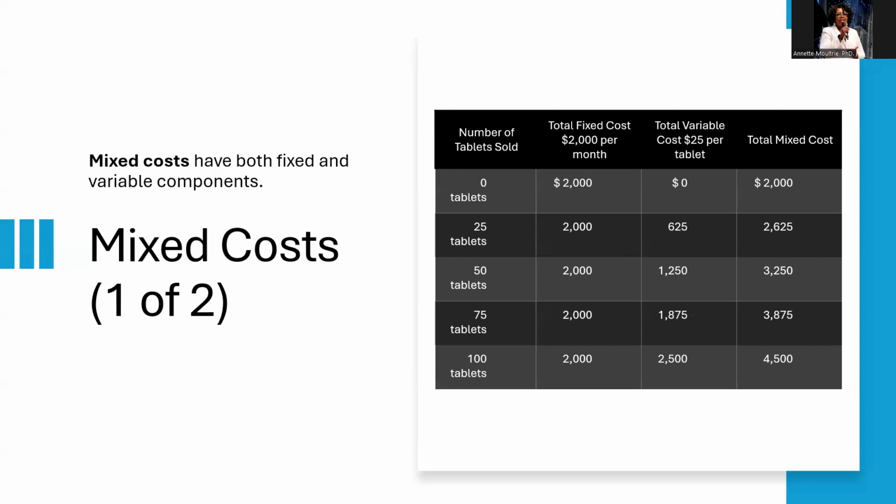So assuming sales representatives earn a monthly salary of $2,000 plus 5% commission per tablet, you see that they would actually have $25. That's the $500 times the 5% commission on sales.